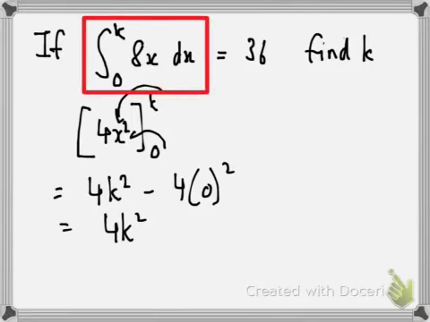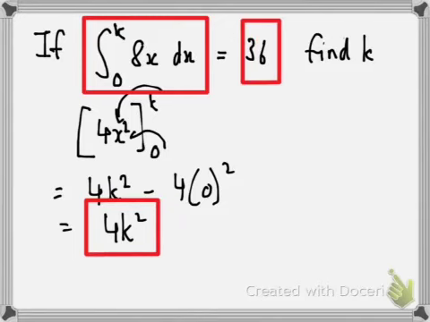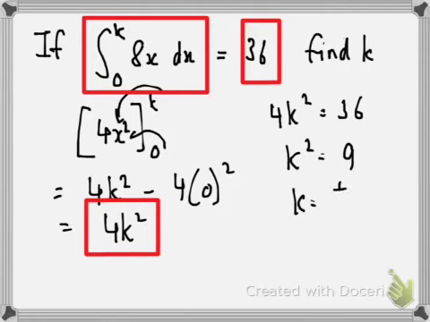We've equated that with that, and we're told that that equals 36. So therefore, logically, it suggests that 4k squared equals 36. K squared equals 9. K equals plus or minus 3.